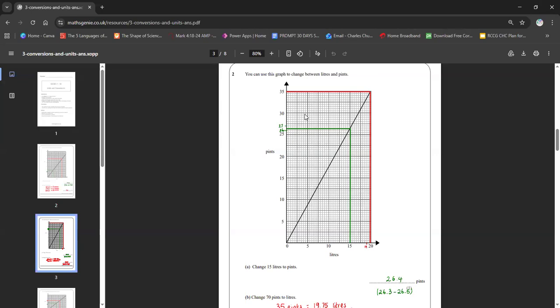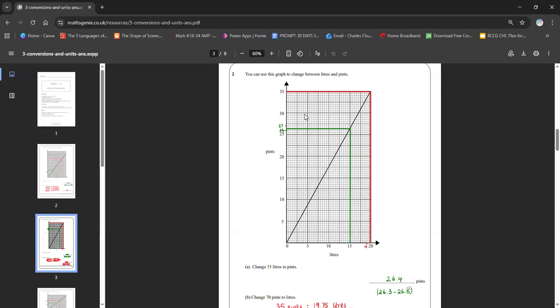So if you follow the line up until where it connects, if you count the tiny squares, it would go 25, 25.5, 26, 26.5.